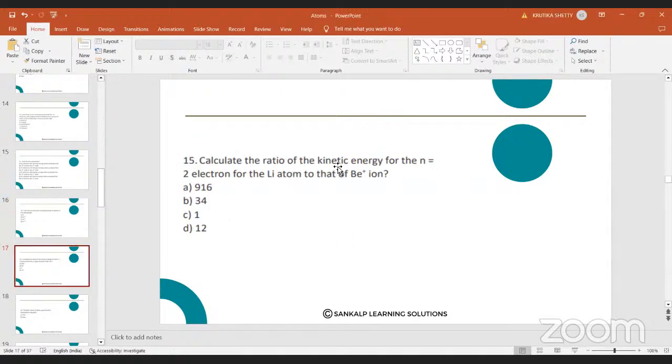Yes. Calculate the ratio of kinetic energy for the electron for the lithium atom to that of the beryllium ion, for n equal to 2. So the options are 9:16, 3:4, 1, or 1:2. Are you calculating or are you just giving the answers randomly?